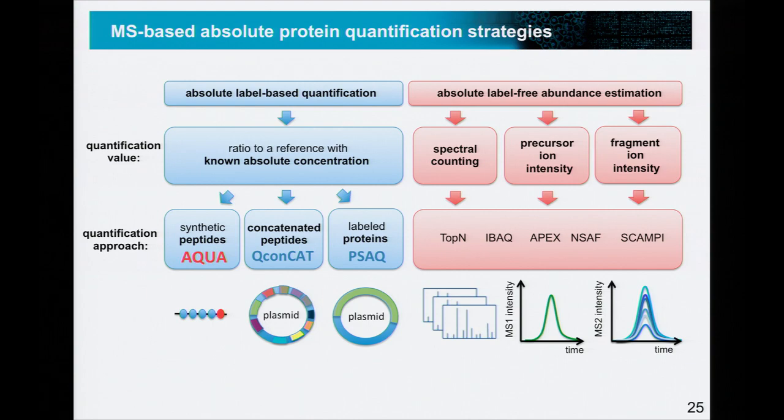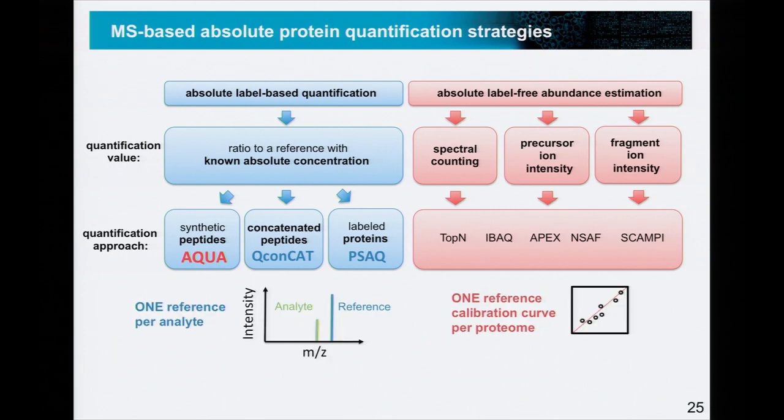In all of those papers, these intensities are then used with various different mathematical models. These are just 5 examples to estimate the absolute abundance from the intensities that you measure. If you're interested in that, come and see me. I'm happy to explain more about it. But maybe for the big audience, how this works in detail is not of interest. There are various different publications out there.